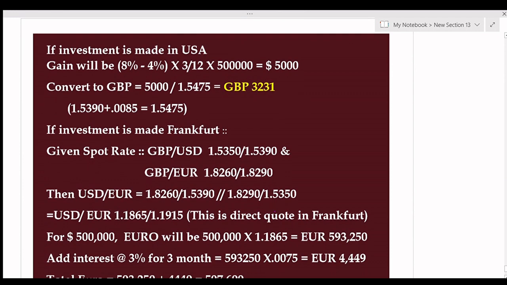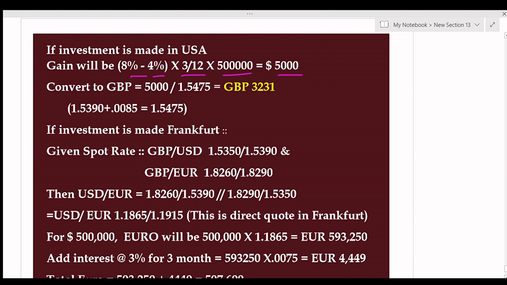If investment is made in USA, the gain will be, the 8% is the deposit rate. The gain will be 8% minus 4%, the rate of interest on the cost, into 3 months into $5 lakh is equal to $5,000.